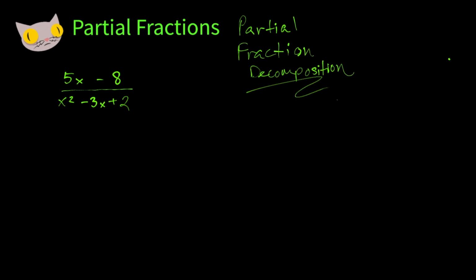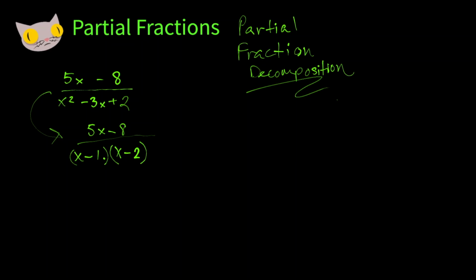First off, we need to factor the bottom. Factor this denominator out. So we're going to get the numerator up top, and then we're going to factor x negative 1 and negative 2. There we go.